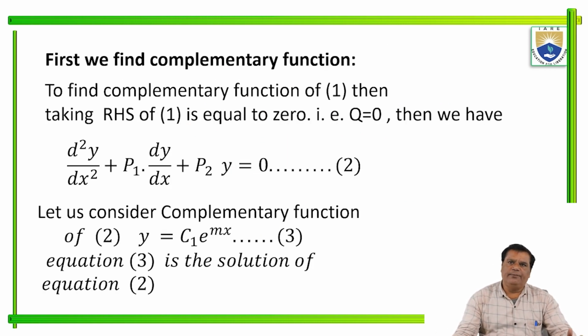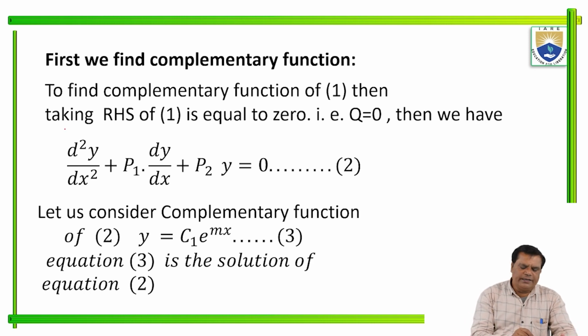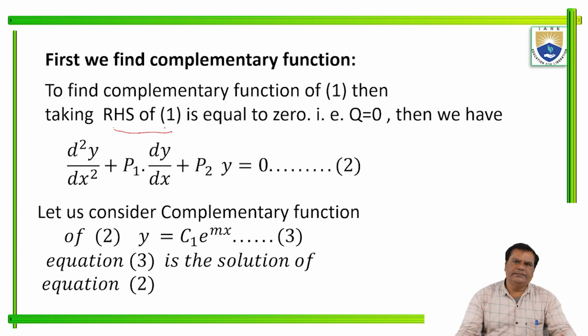First we find the complementary function of the given differential equation 1. When we find the complementary function, we take the right-hand side of the given differential equation equal to 0.